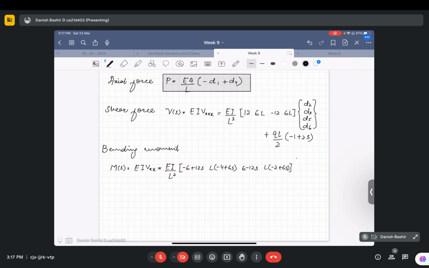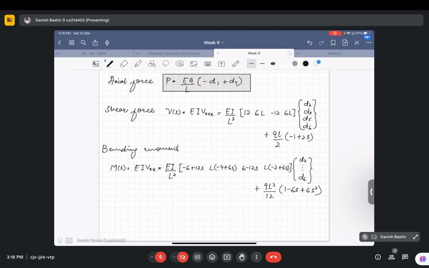And we have nodal degrees of freedom D2 to D6, plus the contribution from the distributed load as QL squared by 12 times 1 minus 6s plus 6s squared.